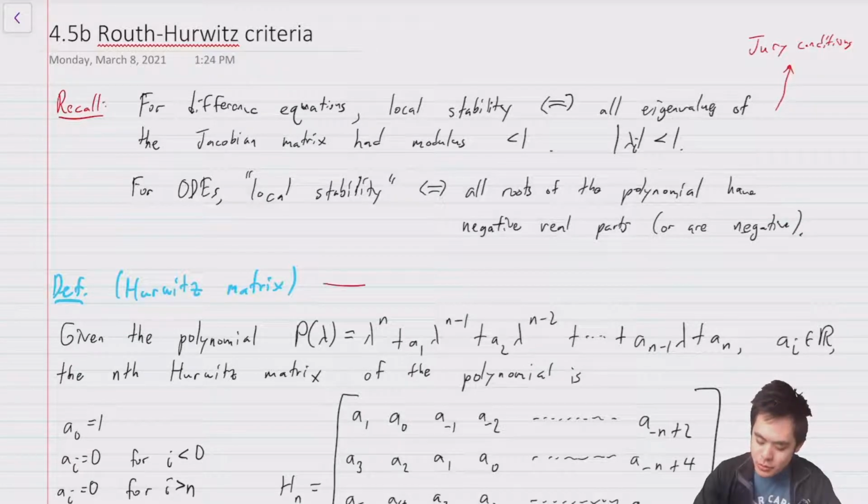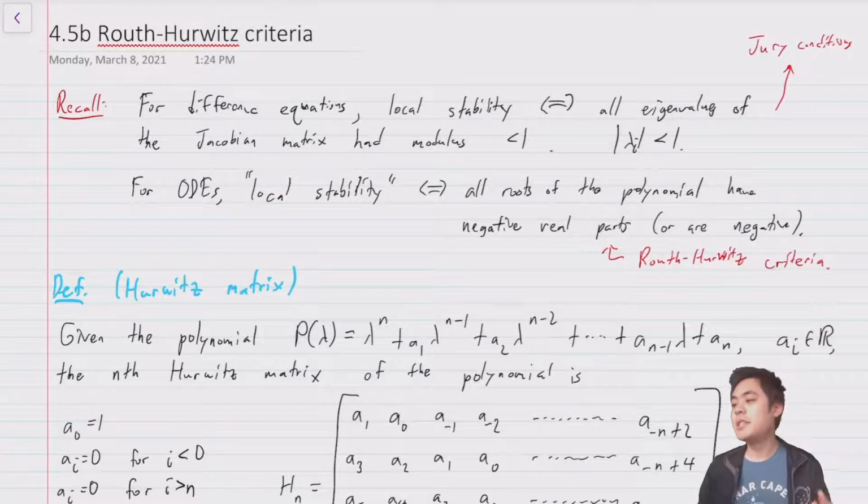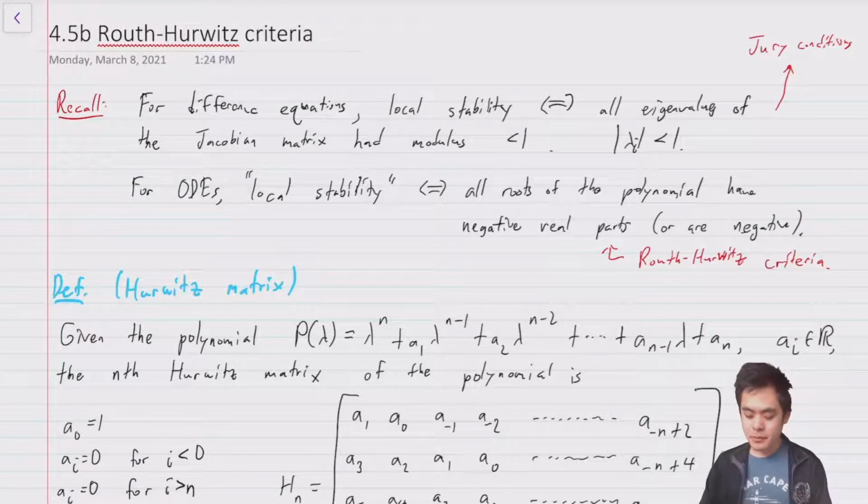For this, we have the Routh-Hurwitz criteria. Basically, we want to be able to say that all the roots of the polynomial have negative real parts or are negative without having to actually explicitly compute them every time. And to do this, we had to go through some amount of formalism.